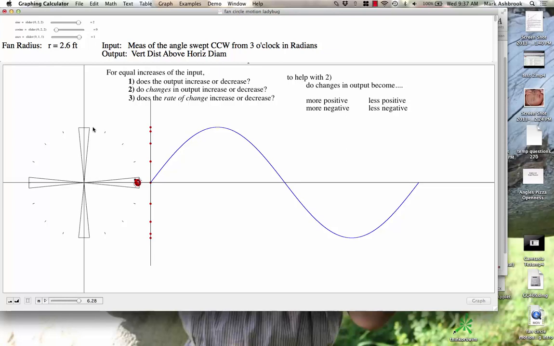So everything else is really a fraction of the radius, right? Any other place on the circle is going to be between, what's the lowest? Negative 1. Everything else between -1 and 1 is a fraction of a radius length. So that's going to be our unit. Since a whole radius length is the most we can get either above or below, we're going to measure our vertical distance above the horizontal diameter in fraction of radius length.